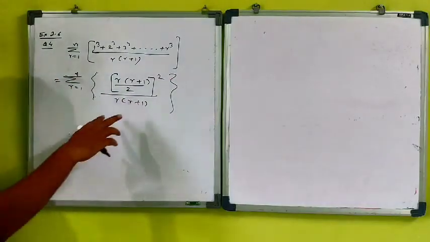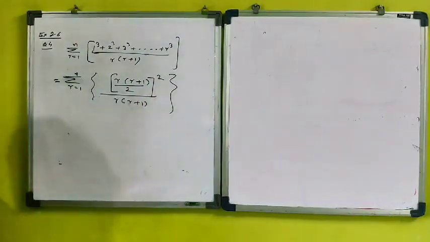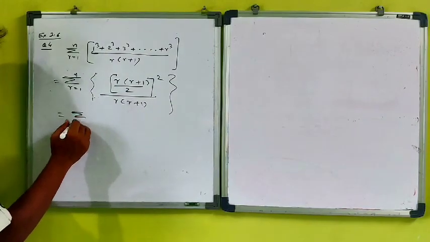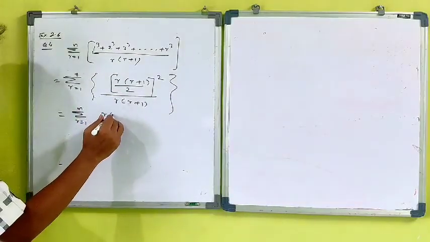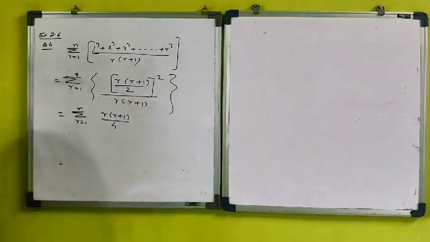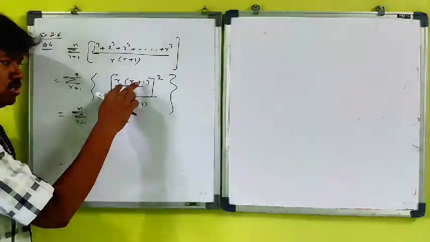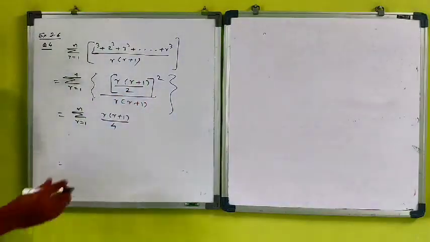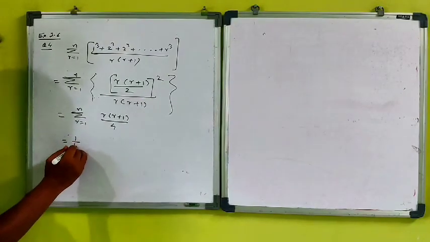So r into r plus 1 will get cancelled, and one term will remain. So it is sigma r is from 1 to n, r plus 1 upon 4, because r into r plus 1 cancels but the square is there. So this 2 squared becomes 4, and therefore it is 1 upon 4.